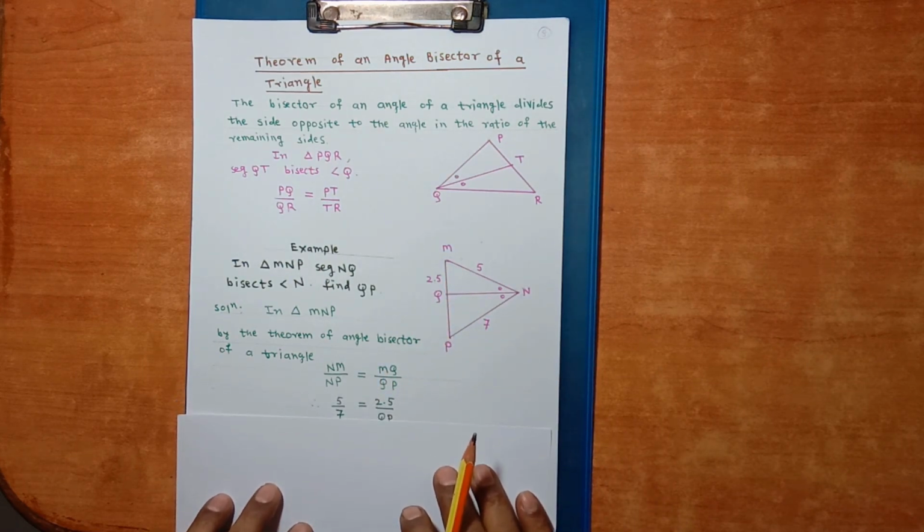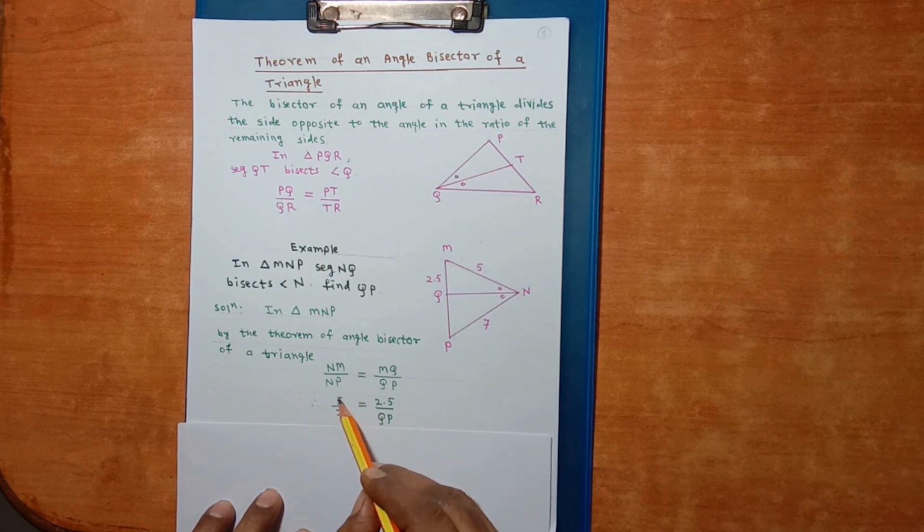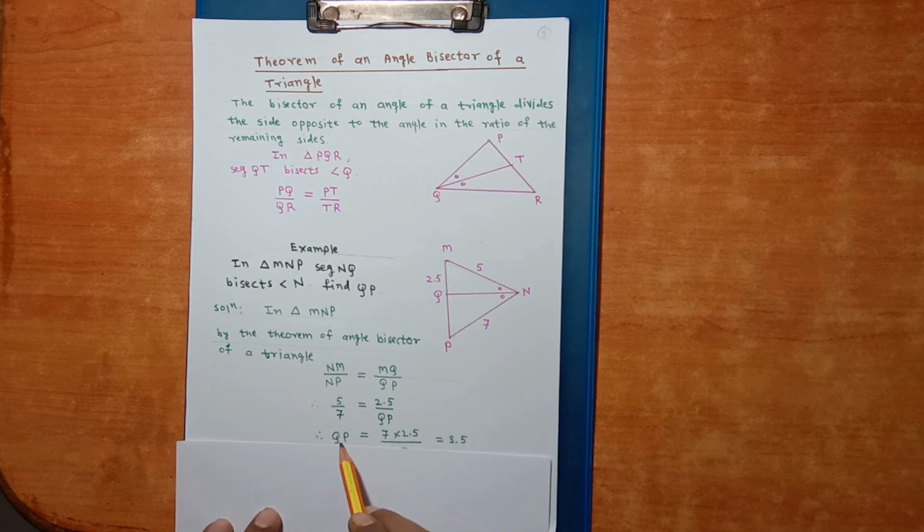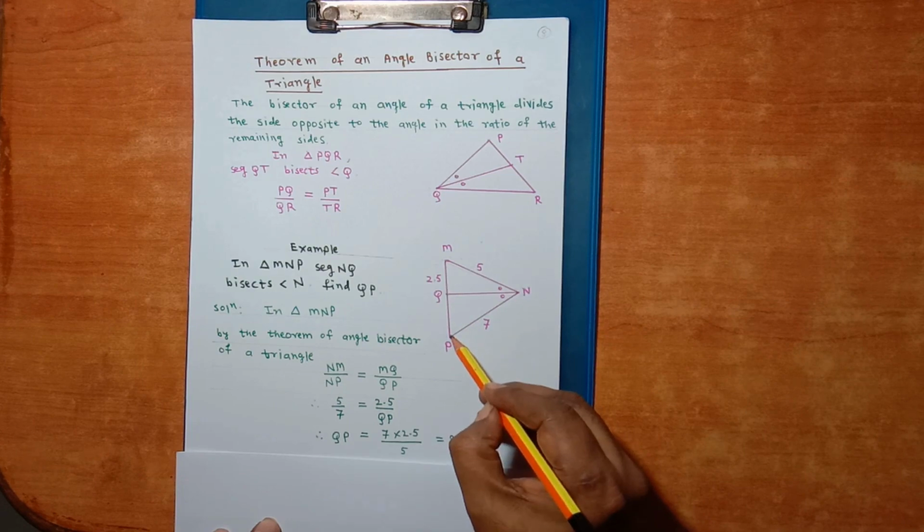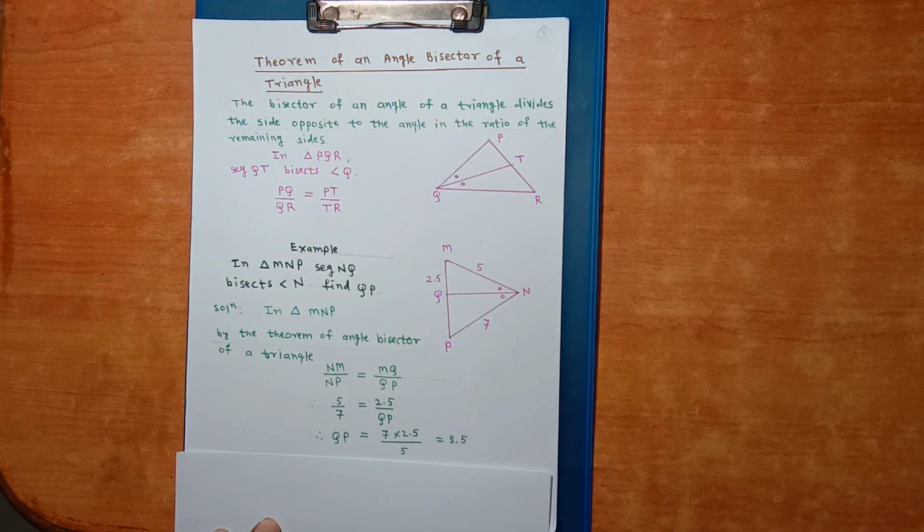So after substituting the values we get 5 upon 7 is equal to 2.5 upon QP. Therefore QP is equal to 7 into 2.5 upon 5, and after simplifying it we get value of QP is equal to 3.5. QP is here, whose value is 3.5.